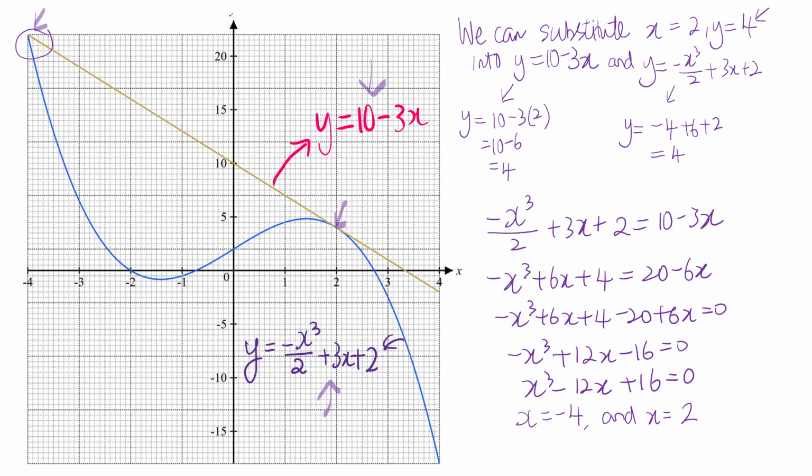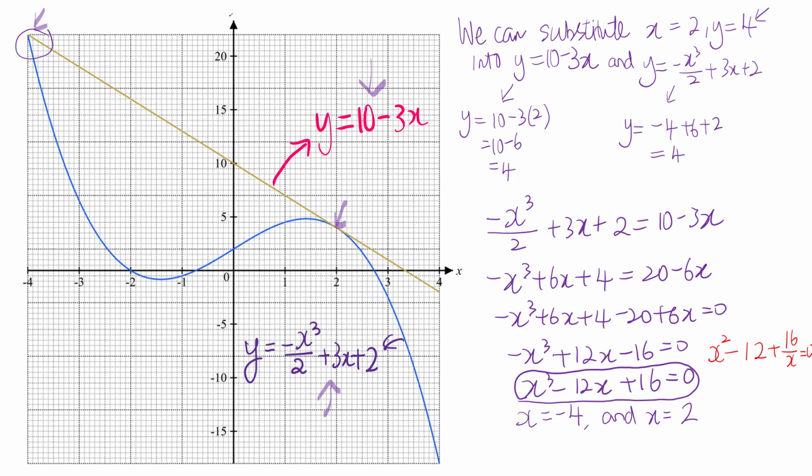So do you think there are other forms of the equations that would have this solution x equals -4 and x equals 2? In other words, I can actually form a lot of variations using this cubic equation. I can divide by x throughout to get x squared minus 12 plus 16 over x equals 0.